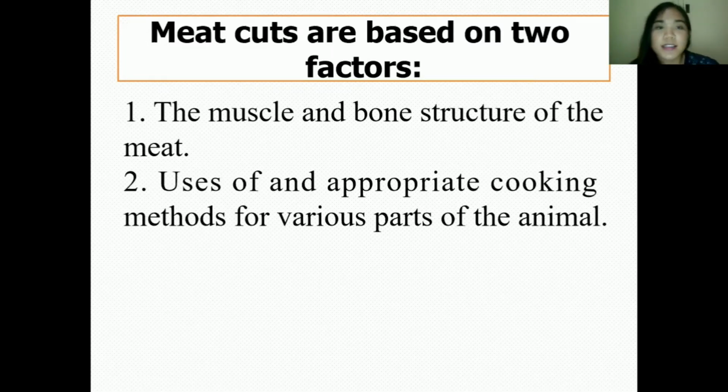So next, meat cuts are based on two factors: first, the muscle and bone structure of the meat, and second, the uses of and appropriate cooking methods for various parts of the animal. The meat muscle, which is what we eat, is made of fibers bound together with connective tissue that is mainly linked to other groups of muscles or directly to the animal's bone structure.